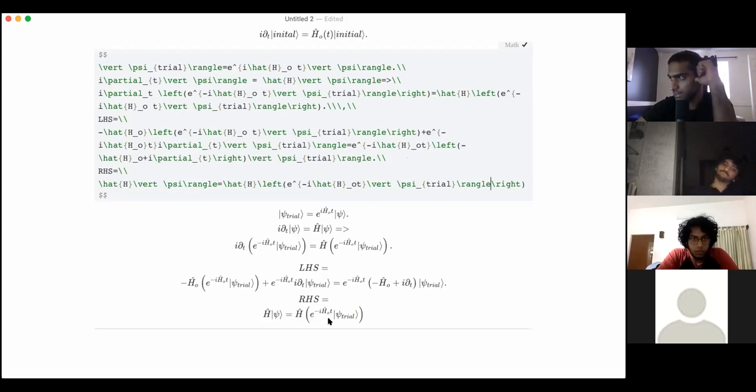But now we want to get this e power minus i H naught t to the left-hand side. What are we going to do?